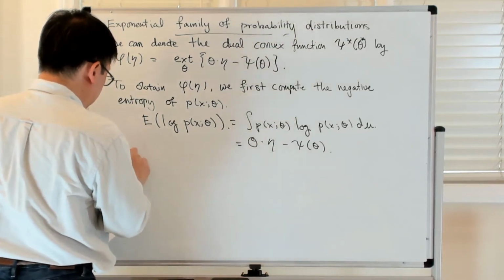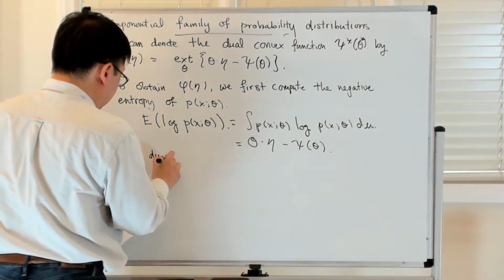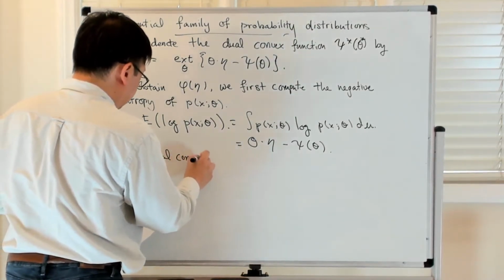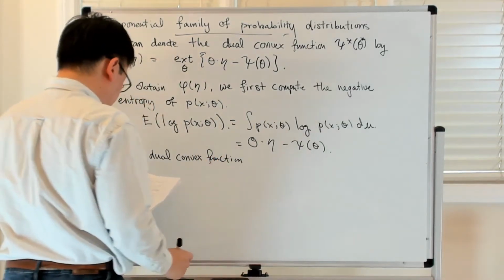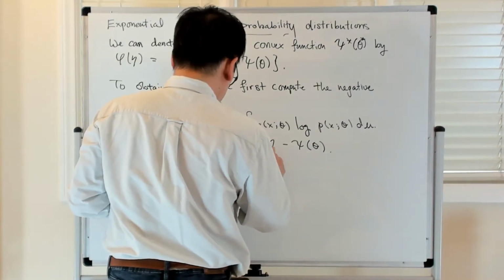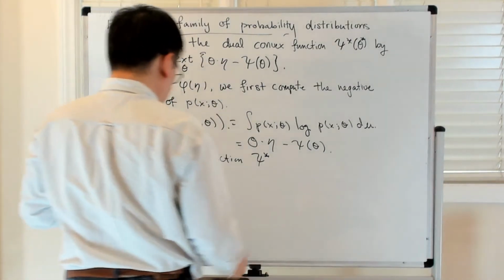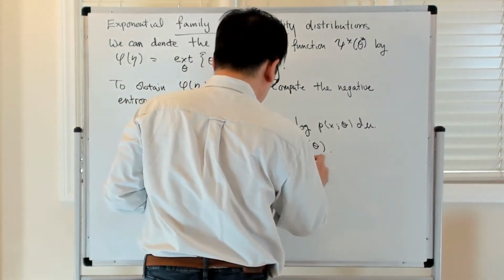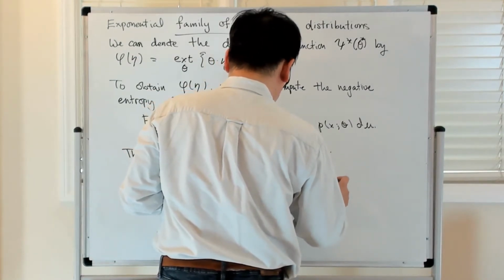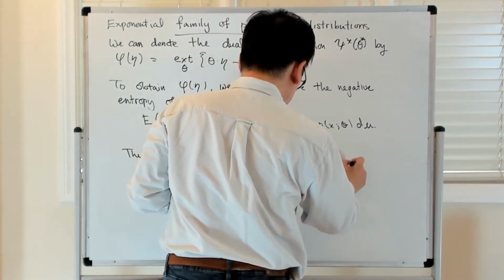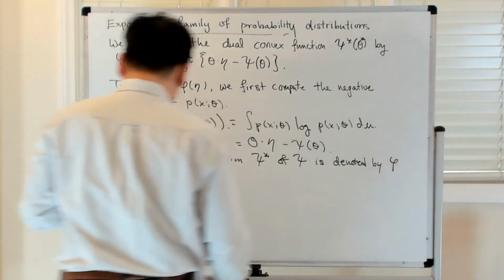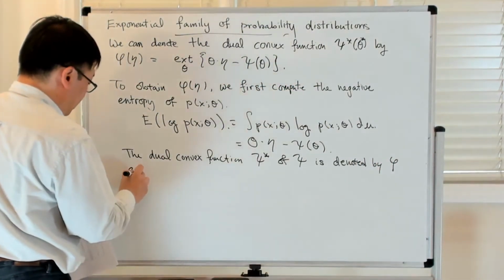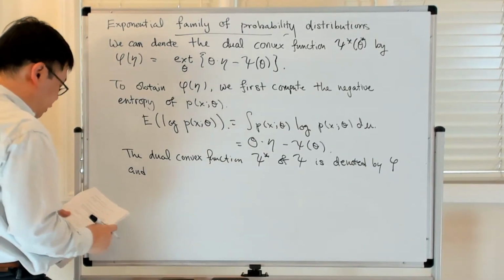So the dual convex function phi star is denoted by psi and is given by the negative entropy.